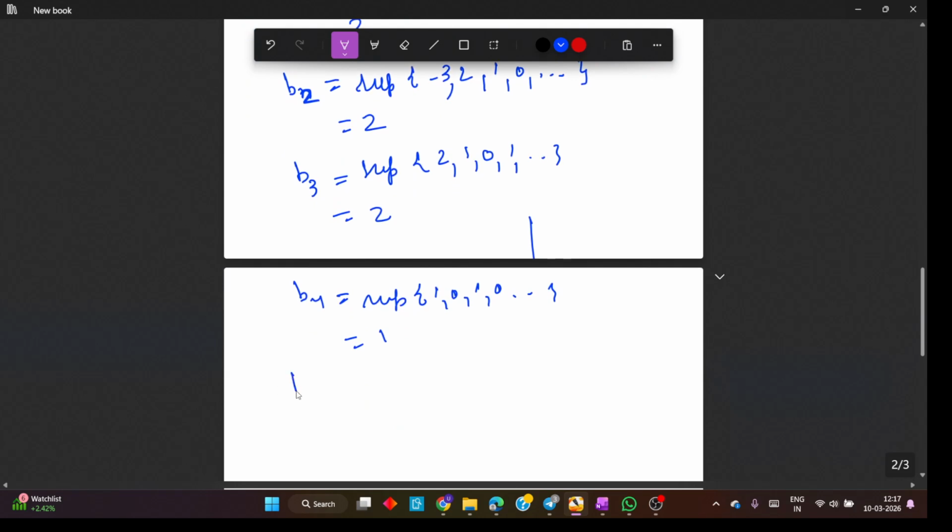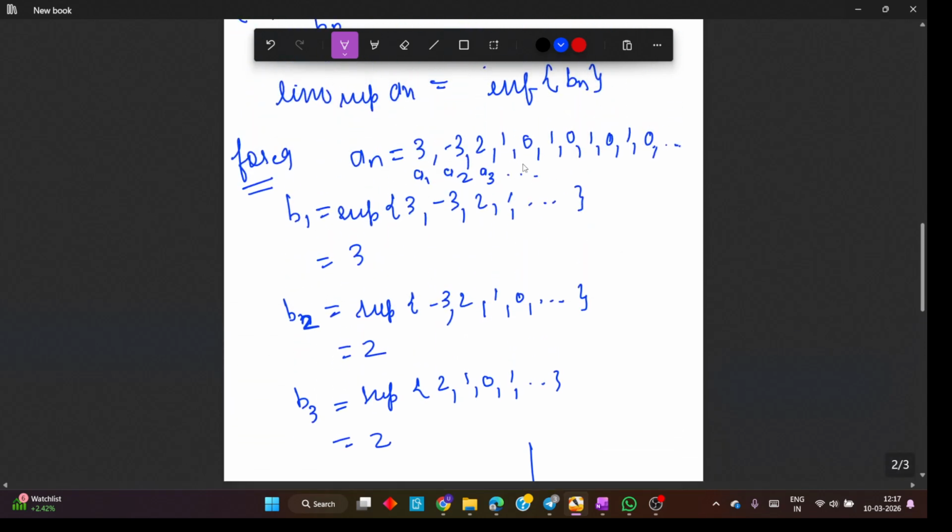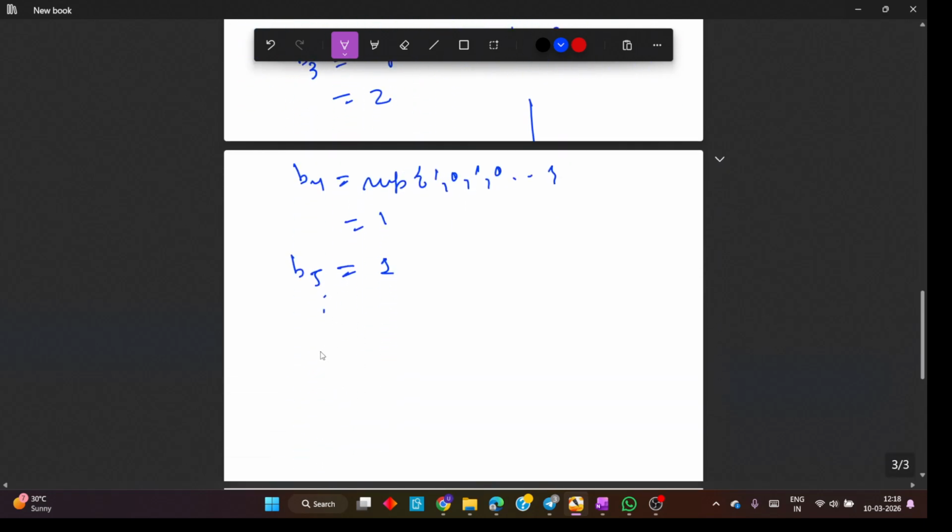Again b5 would also be 1, because after b4, 1 and 0 come alternately, and the supremum would always be 1. So b_n is the sequence 3, 2, 2, 1, 1, 1, 1, and so on.